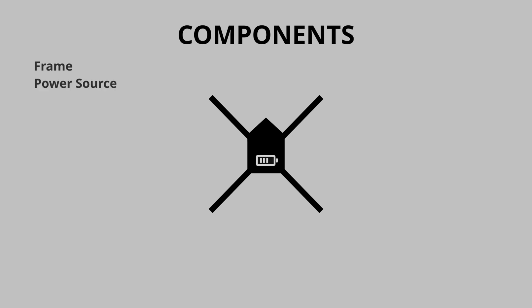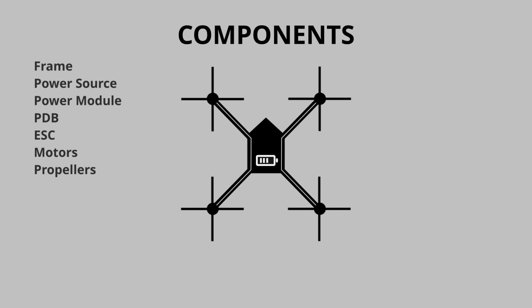The essential components of any flying drone are the following: a frame, a power source, typically a battery, a power module, which regulates the power from the battery to the components in the drone, a power distribution board, an electronic speed controller, which translates the power from the battery to a signal that can drive the motors. Motors and propellers. And with these components, you basically have a flying drone.